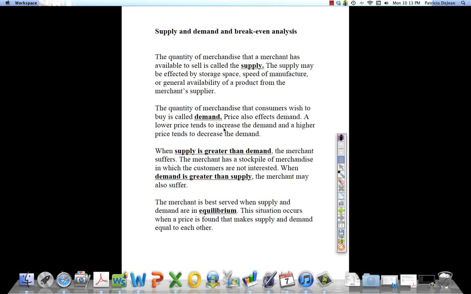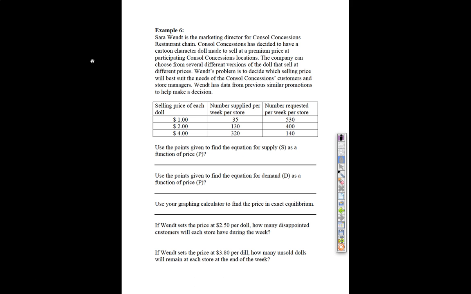What he has that the customers want is called the demand. And price can affect demand, obviously. A lower price tends to make consumers buy more, and a higher price tends to make them buy less. When you have a lot more supply than you have demand, then it's obvious the merchant suffers because he doesn't sell all his stuff. He gets a lot stockpiled in storage.